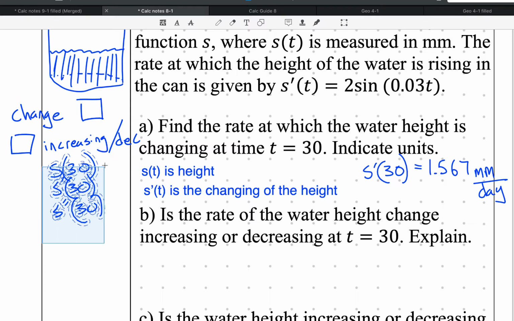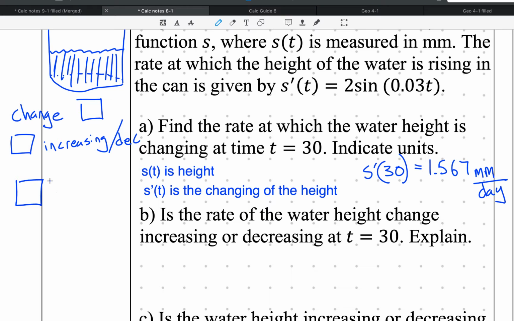It's asking you, take this thing and then take its prime. So since this was asking for change in the height, height was originally s, so we took its derivative. If it's asking you, is height increasing or is it decreasing, then you take the derivative again.